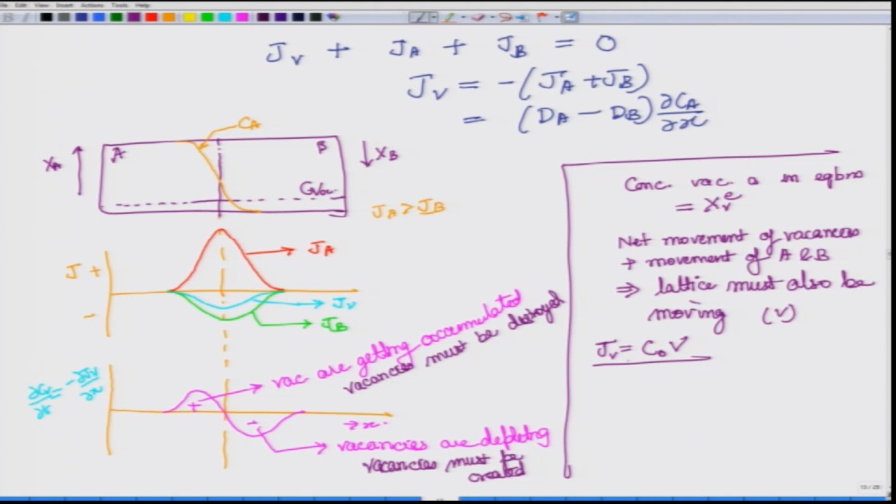Now, this vacancy flux JV also varies in the same way as the flux of A and B. So, let us see how we proceed to get the equation. We have seen JV is equal to C naught V, but we had earlier said that this is equal to dA minus dB del Ca by del x.